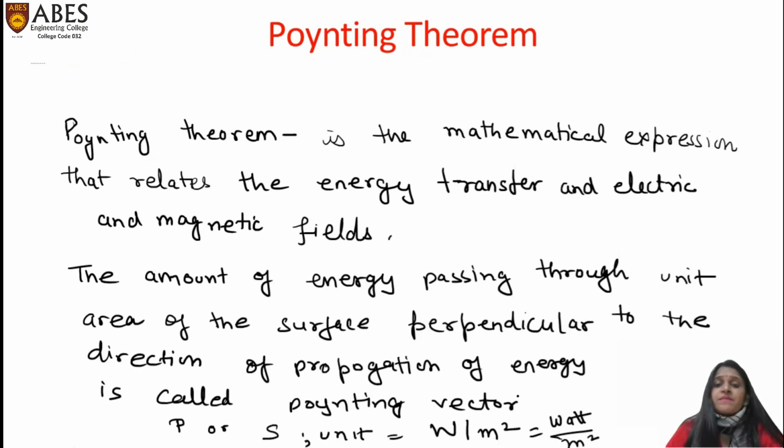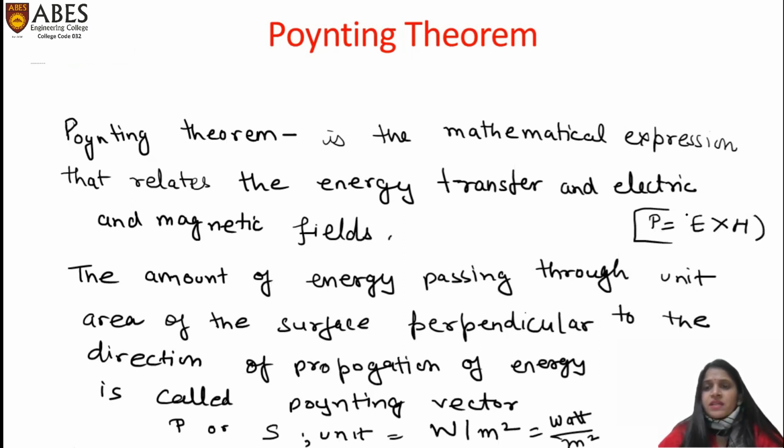We can represent the Poynting vector as E cross H. It is a measure of the rate of energy flow at that point, and E cross H has the unit watt per meter square.